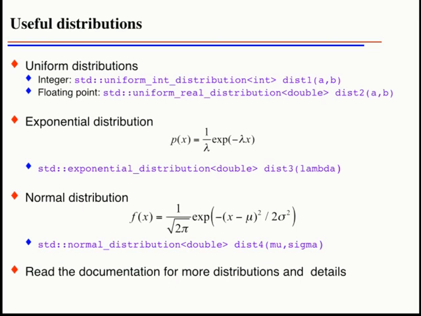A real distribution, you get, for example, between 0 and 1, all real numbers between that. Just be aware there is a small difference between the integer and the real distribution. The integer is going to give you numbers between A and B included. For the real distribution, B is not included. Then the exponential distribution, the one we used before, and for the normal distribution, you again just give the mean and the standard deviation.